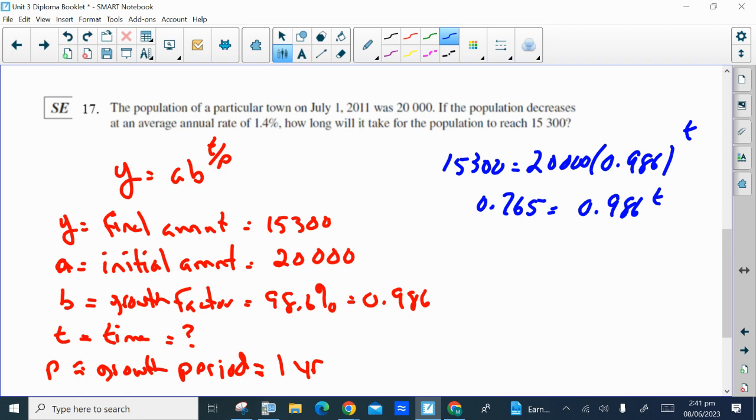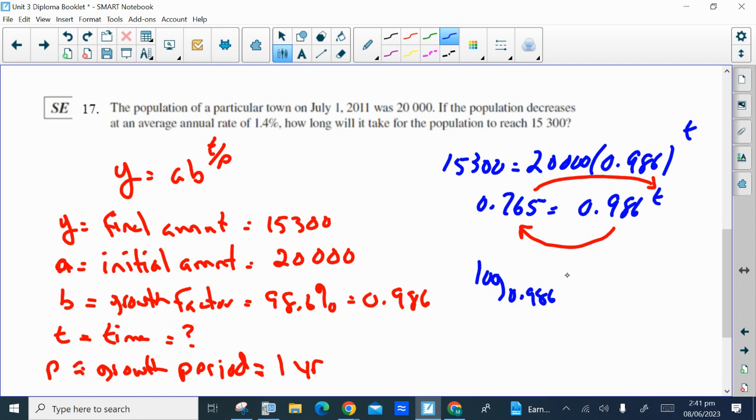And then to solve for T, we'll convert to logarithmic. We'll start with the base and cycle through. The exponential function has a base of 0.986. That'll be the base of the log.